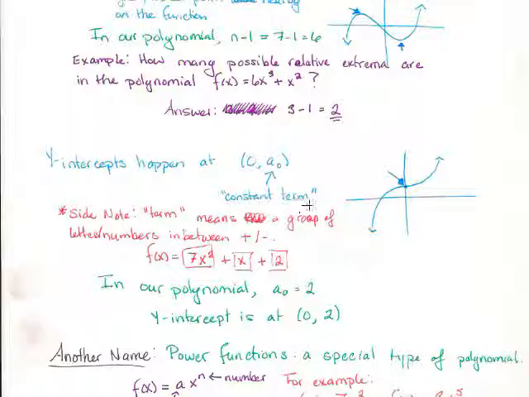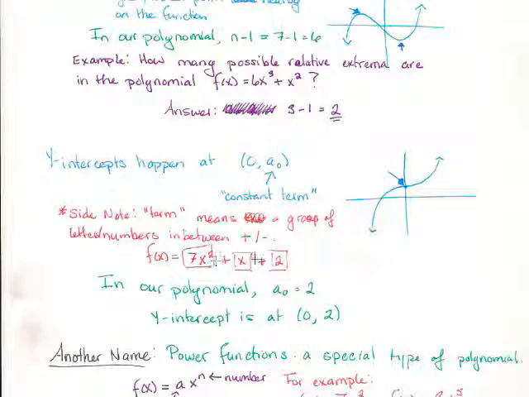Just as a side note, since this uses the word term, it tends to mean, this is a very vague definition, but with polynomials, it means a group of letters or numbers in between the pluses or minuses. So like I have here, you have 7x squared, letters, numbers, that's a term, and then you have a plus, and then you have another term, and a plus, and then you have another term.